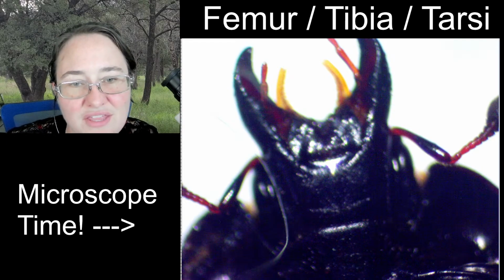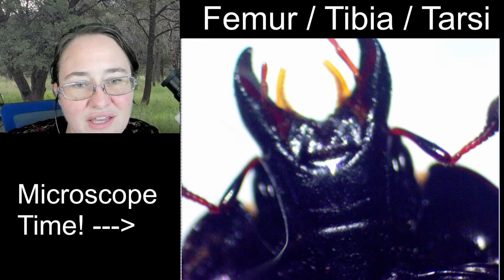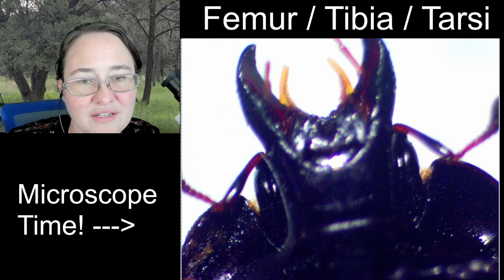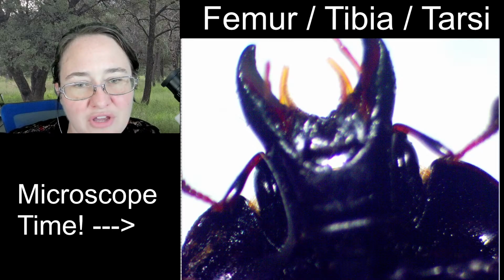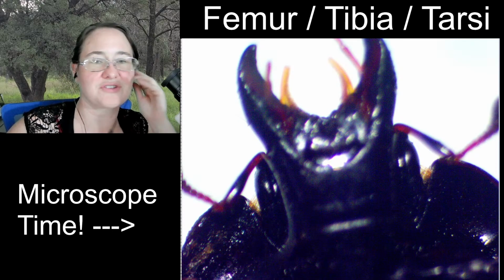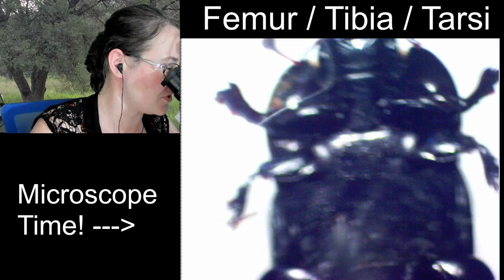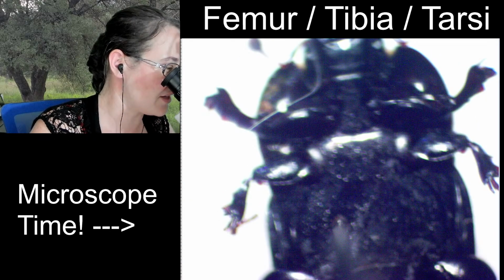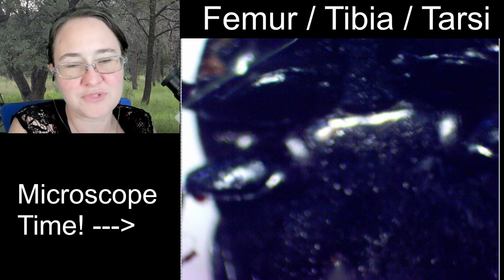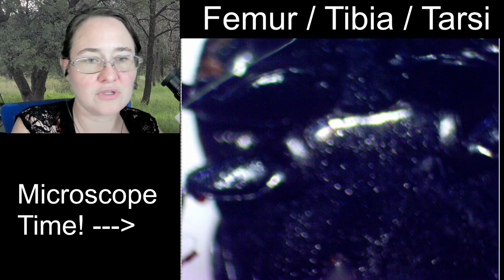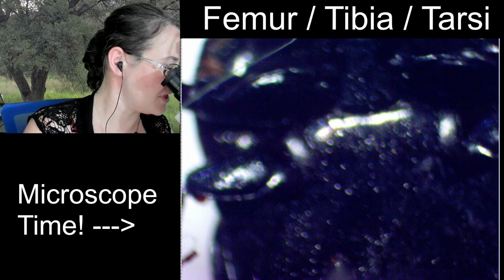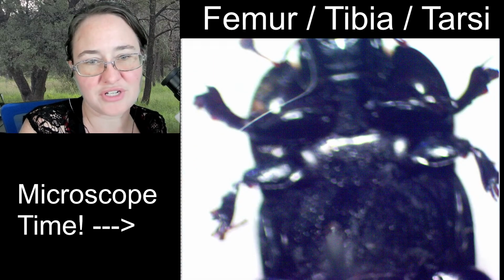This is the underside of the head. You can see where those antennae connect. You can see those nice compound eyes. If I zoom out a little bit more, we'll be able to see where the legs are connected down here. Oops, that's too much zoom. We'll be able to see the underside and where the legs are connected.